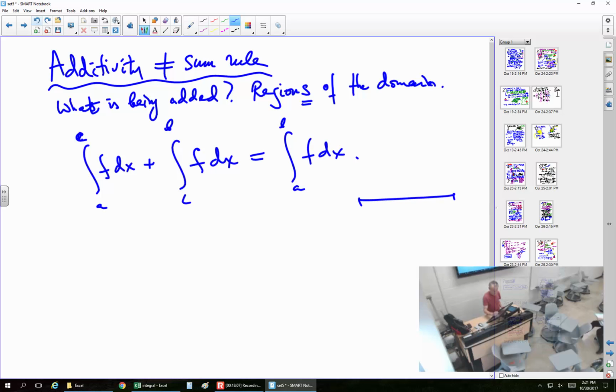Okay, so like this. A, B, C. However, the statement itself does not require any particular relation between A and C, which one is larger, which one is smaller. You can go left to right, they could be in arbitrary order. Some of the integrals will be negative and some will be positive, so it works out just fine.